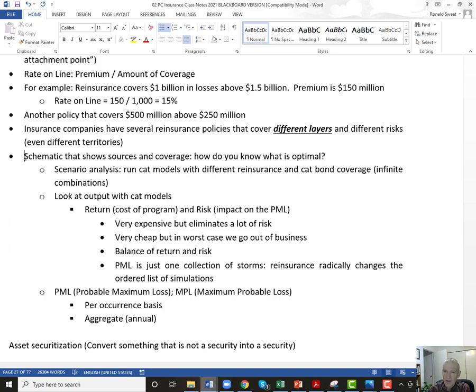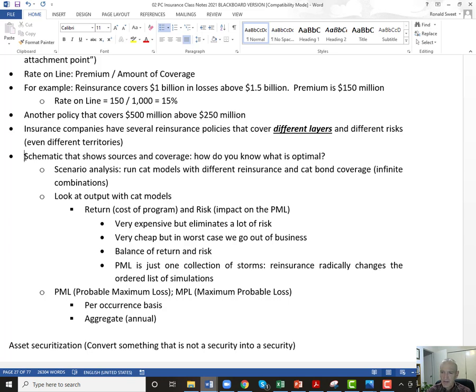And so what you do is you run your catastrophe models with different types of reinsurance programs, and what you're trying to do is find the reinsurance program that for its cost has the biggest impact on reducing the PML. So you can have one that's extremely expensive but eliminates a lot of risk.